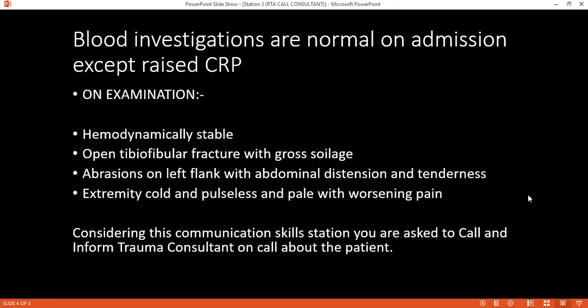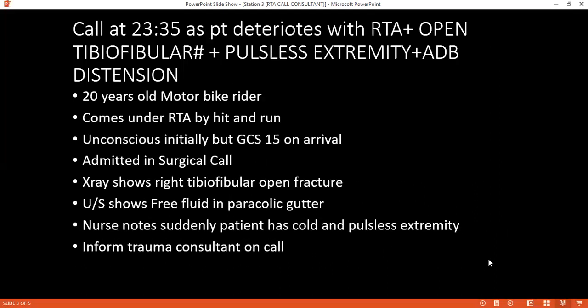The patient is hemodynamically stable and the GCS is 15, but no pulses are felt in his left lower extremity. His blood is normal, but only shows an increased CRP. We did imaging and ultrasound. Abdominal ultrasound indicates a free abdominal fluid collection. So, I wanted to update you about this case.